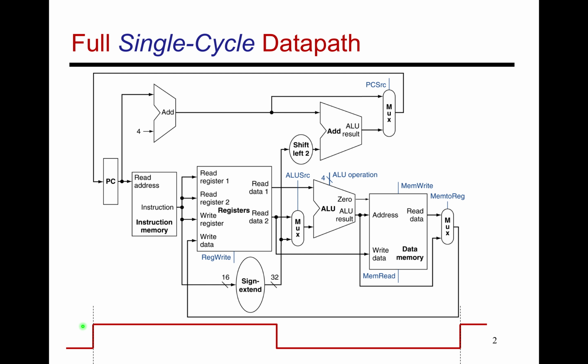From the time that we read an instruction from the memory to the time that we write the result back in the registers, all of that would be one clock cycle.